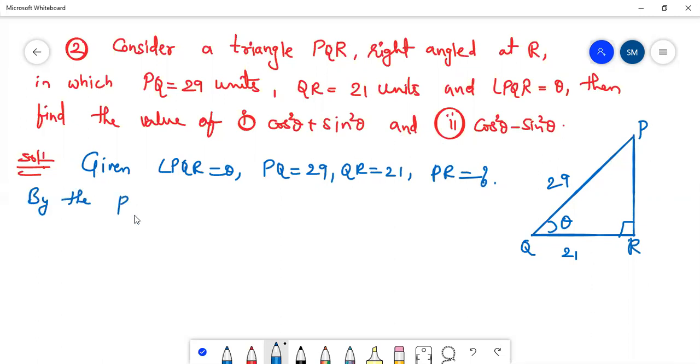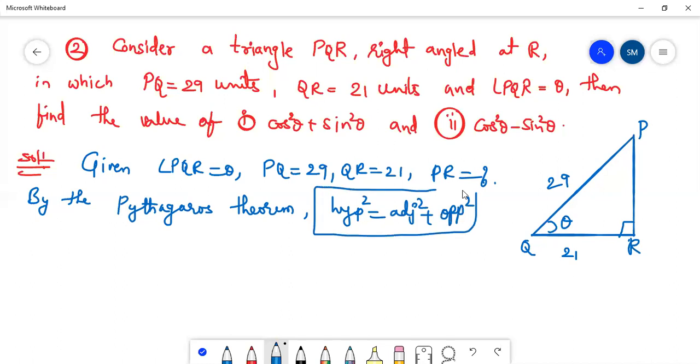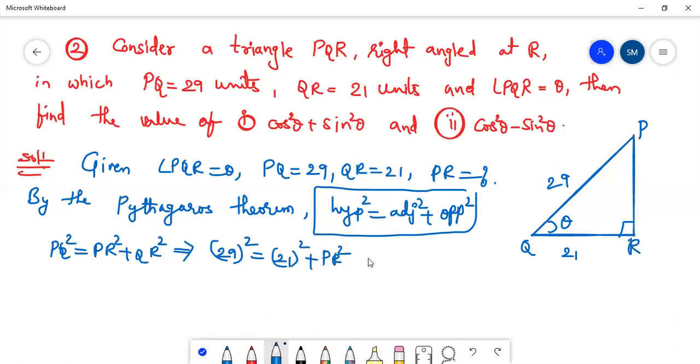By the Pythagoras theorem, hypotenuse square equal to adjacent square plus opposite square. Here PQ square equal to PR square plus QR square. From this, 29 whole square equal to 21 whole square plus PR square.